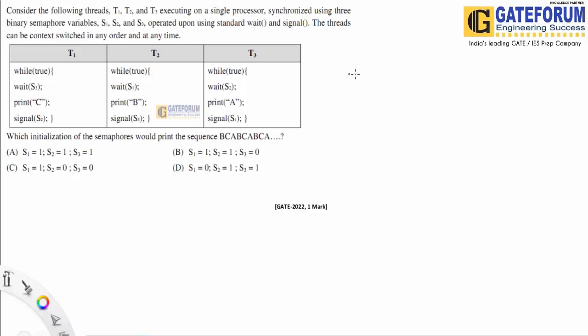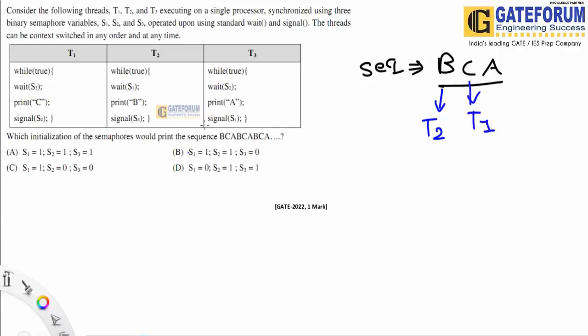So the sequence which is required here is always BCA. They want a particular fixed sequence of BCA. Now, B is printed by the thread T2, C is printed by the thread T1, and A is printed by the thread T3.